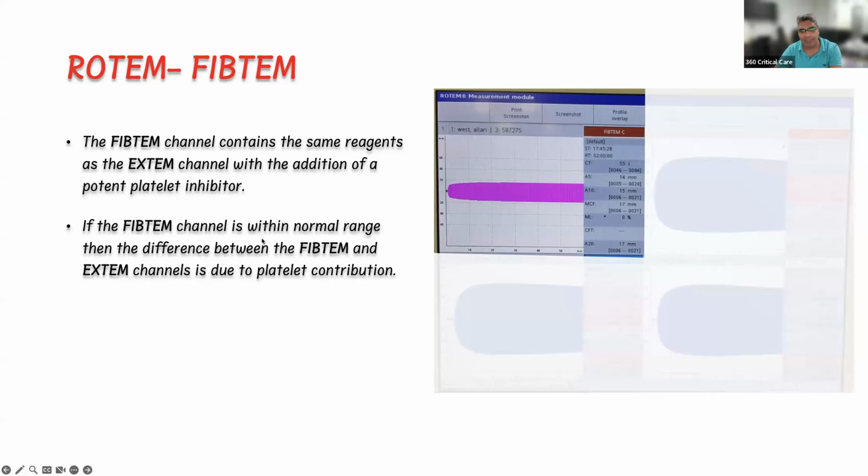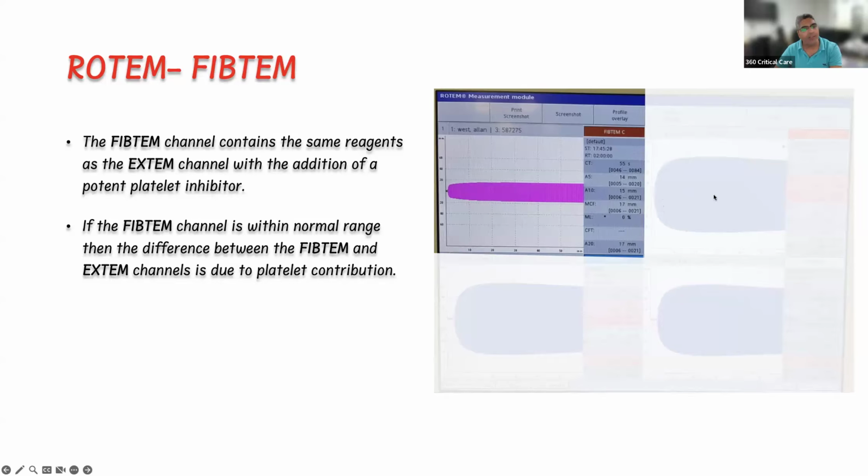If the FIBTEM channel is within normal range, then you need to look at the difference between FIBTEM and the EXTEM, because as I said, the EXTEM measures both fibrinogen and platelet. If the FIBTEM is normal, where the platelet function is neutralized, and you find an abnormal EXTEM here, that means the fibrinogen is normal, but the abnormality is because of the platelet.